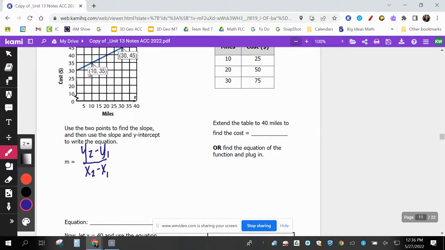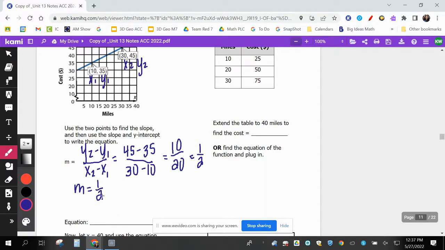So let's make this x1, y1, and x2, y2. This is going to be 45 minus 35 all over 30 minus 10. 45 minus 35 is 10, 30 minus 10 is 20, and that simplifies to a half. So I know m equals a half.